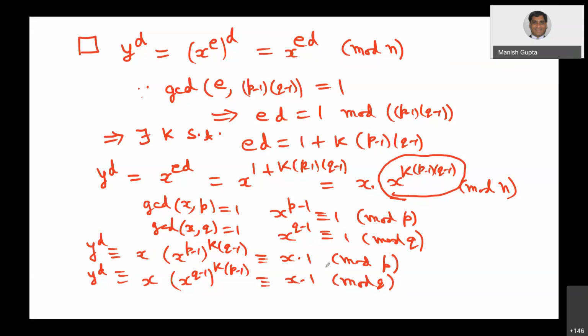So this is also X, this is also X. So Y raised to power D is congruent to X mod P and Y raised to power D is congruent to X mod Q. Hence, by Chinese remainder theorem, we can say that Y raised to power D is congruent to X mod P into Q, the product, right? Which is nothing but X mod N, right?